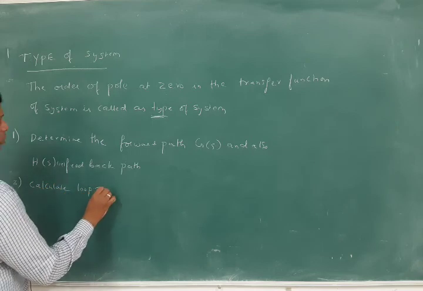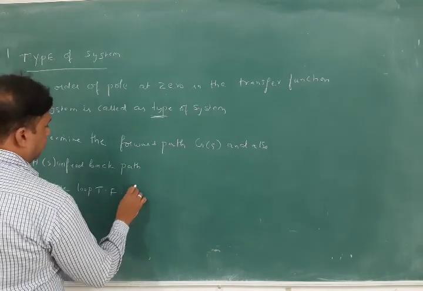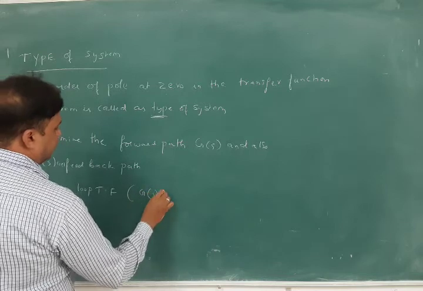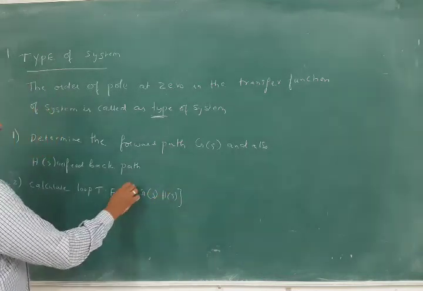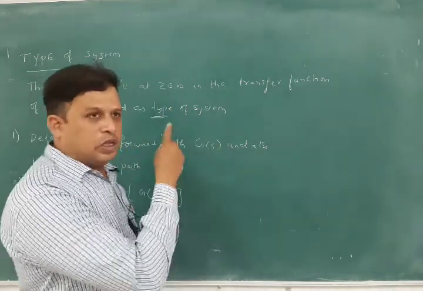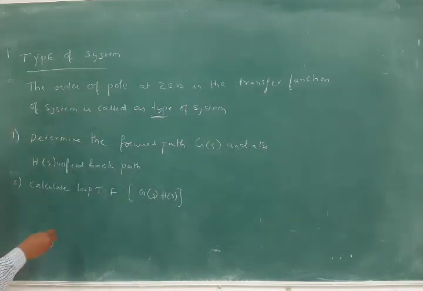What is the loop transfer function? Loop transfer function is nothing but G of s into H of s. G of s into H of s is called the loop transfer function. As you have seen in the control system, G of s and H of s form a loop. So G of s into H of s is the loop transfer function. Okay.